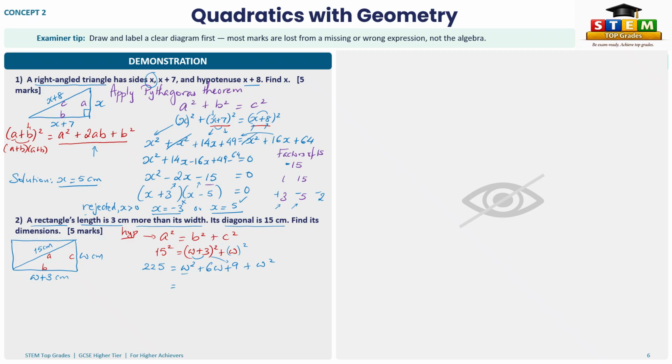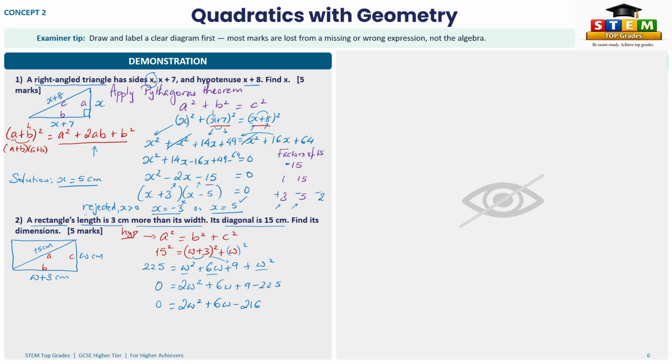Now, W squared and W squared add up to 2W squared. We're going to get 6W here, plus 9 minus 225. And that is a 0 here. So 0 is 2W squared plus 6W minus 216.